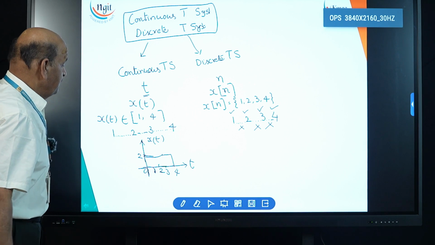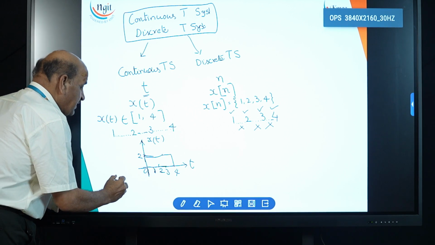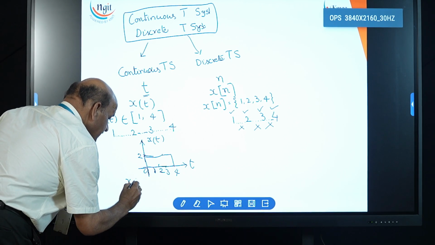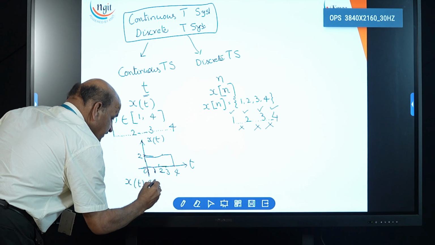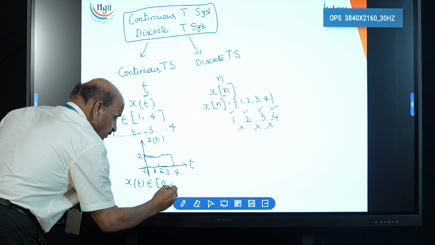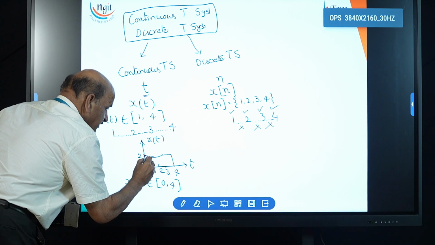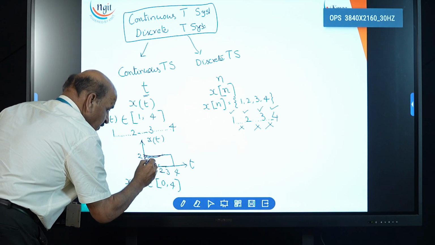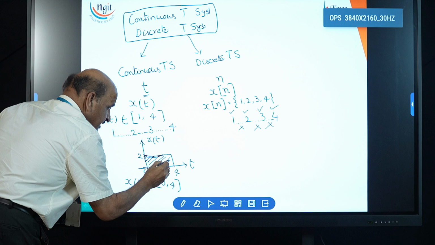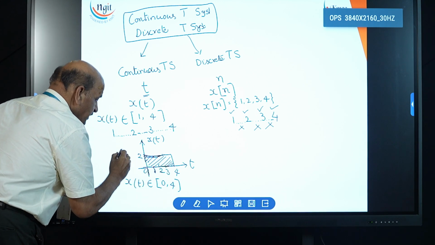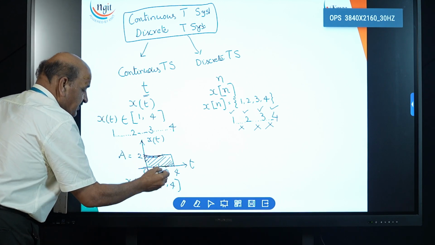What is the width of the signal? Here the width of the signal is from 0 to 4. This part we are considering as the signal, that is x of t. Here 2 is the amplitude, and this is the width.